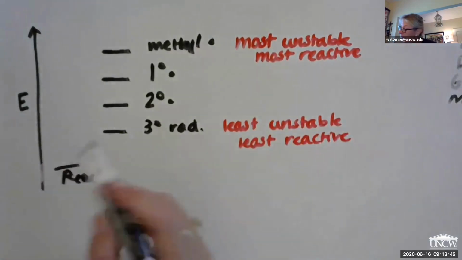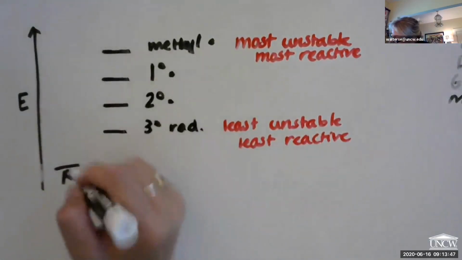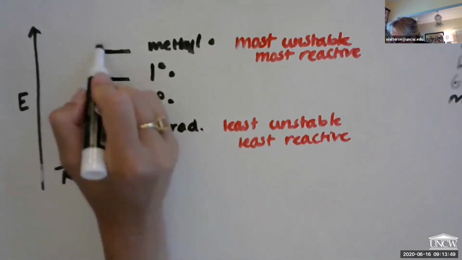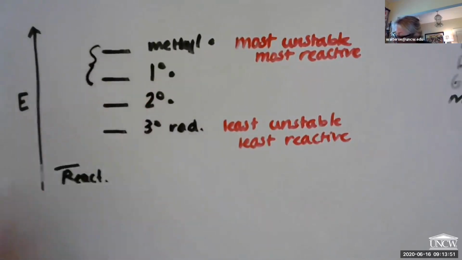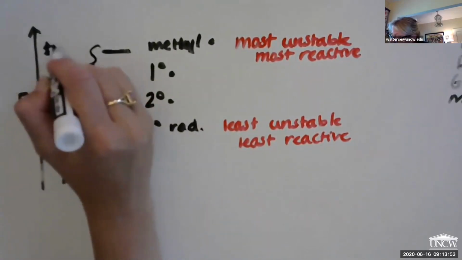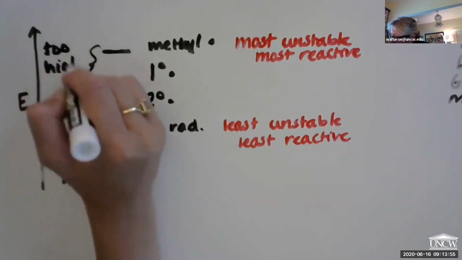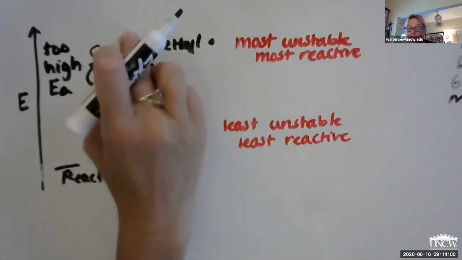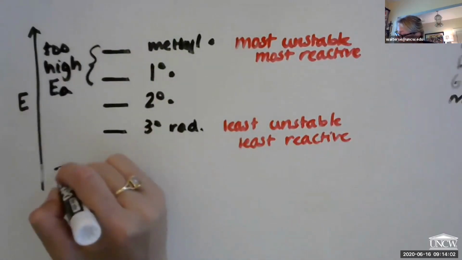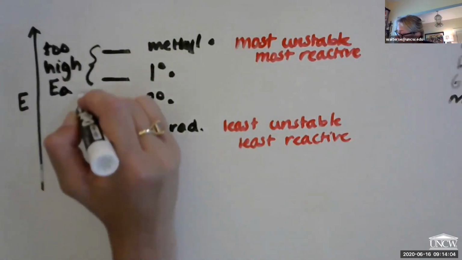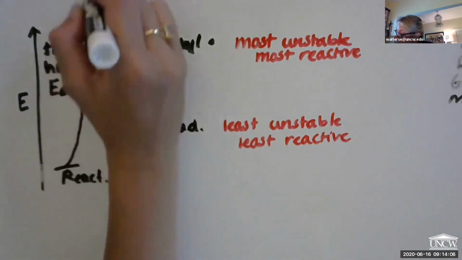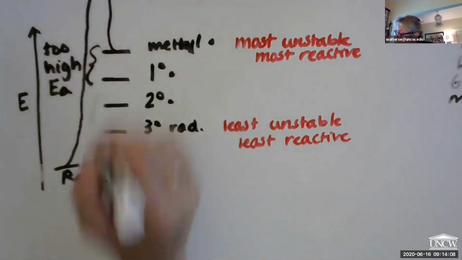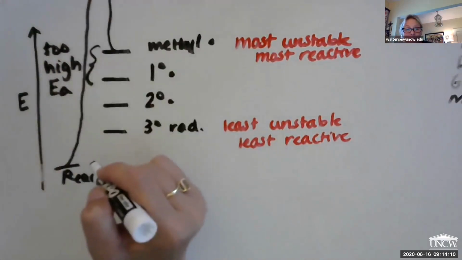But when you incorporate this part, what you see is that these have too high of an activation energy to even ever be formed. So the activation energy to come up to a methyl radical might look like that, and the height of the hill is massive.